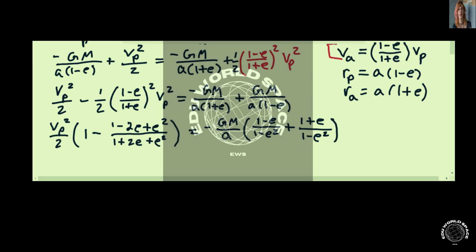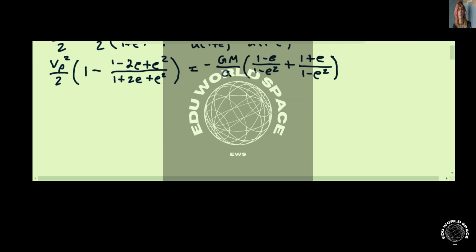All right, next step. VP squared over 2. And then I'm going to do something similar with this fraction. I'm going to take my 1 and I'm going to make it 1 plus 2E plus E squared in the numerator and the denominator so that I can combine this fraction.